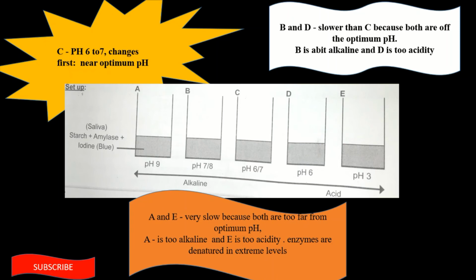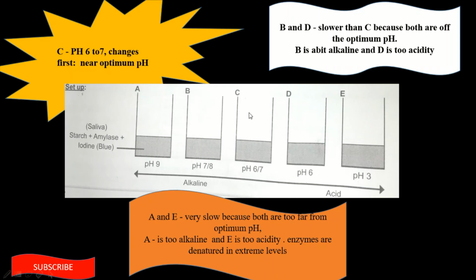All right, and then what happens now in our two remaining test tubes? In our two remaining test tubes, we are seeing that there is no reaction at all. The reason why there is no reaction is because they are far from the optimum pH of amylase.